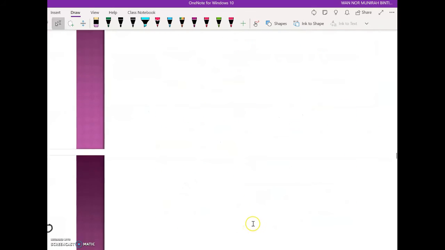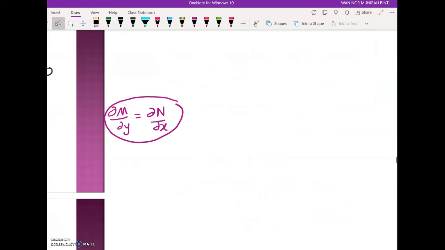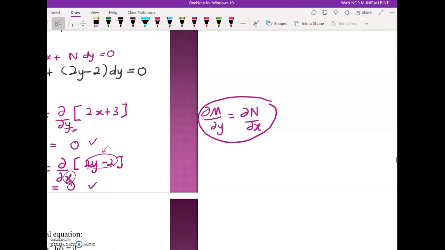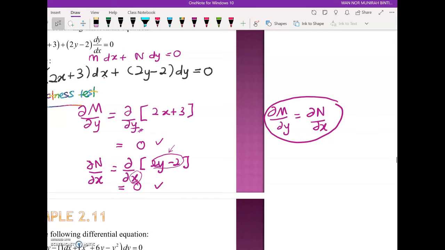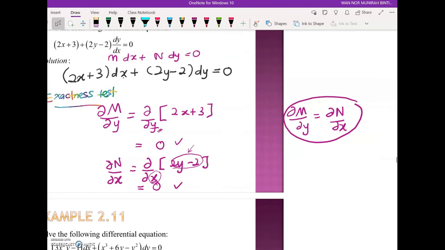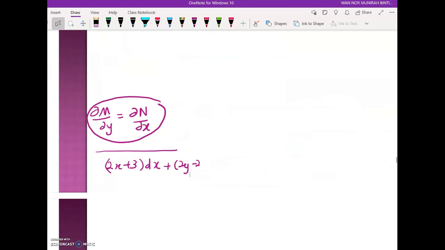Okay, so now we go to the method of solution. Once we know that we have an exact equation, we want to solve it. I just copy the question first: 2x plus 3 dx plus 2y minus 2 dy equals 0.